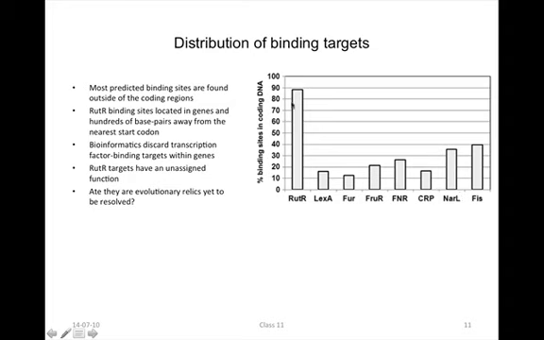RutR, 90% of RutR actually binds in coding regions, and it often binds away from the start codon. So it's kind of weird. This has not been seen before. It binds away from the start codon oftentimes, and binds within the gene.